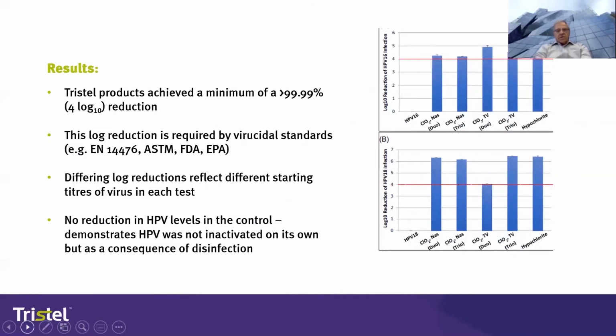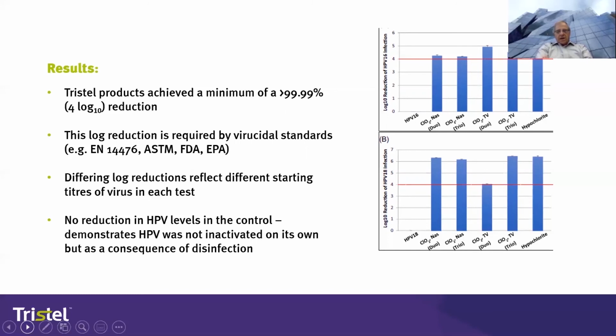After the incubation time, the cells were tested for HPV transcriptional activity, representing any active infection in the cell. So this slide shows the results we got. The Tristel products were able to achieve a greater than 99.9% reduction in viable HPV. This is the reduction required by regulatory agencies such as the FDA and the EPA. The differing log reductions seen in each of these tests is due to the different starting virus titers in each test.